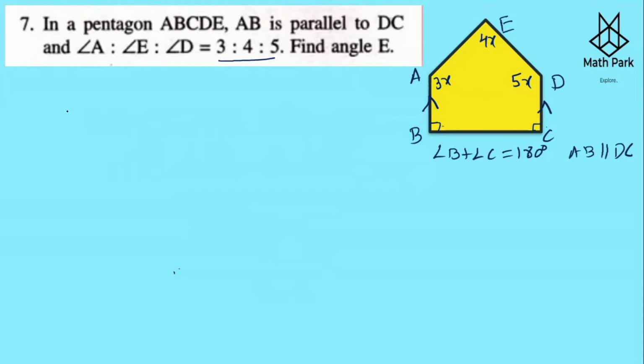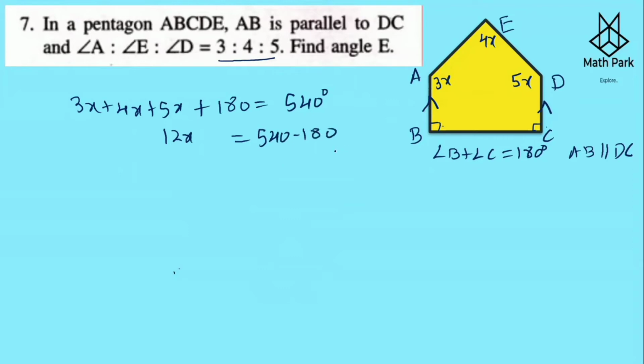Now let us add all these angles. So we have 3x plus 4x plus 5x plus the sum of angles B plus C, which is 180, equal to 540 degrees, since the sum of angles of a pentagon is 540. So 3 plus 4 is 7, 7 plus 5, 12x is equal to 540 minus 180, which is 360 degrees. So x is equal to 360 divided by 12, which is 30 degrees.